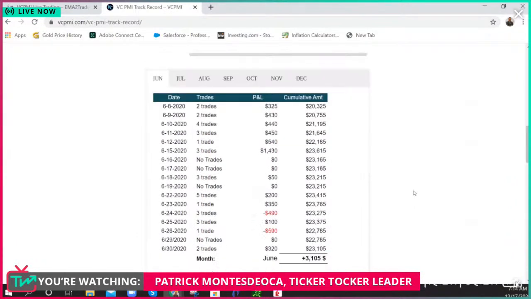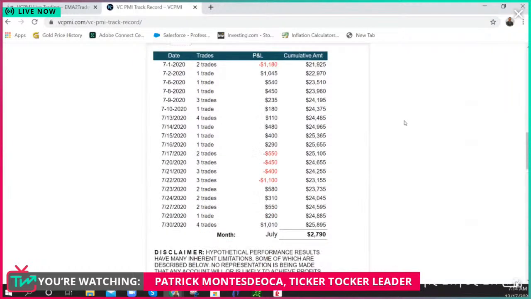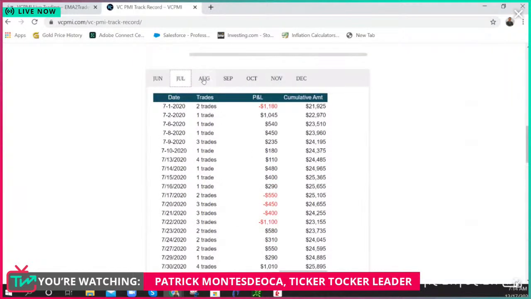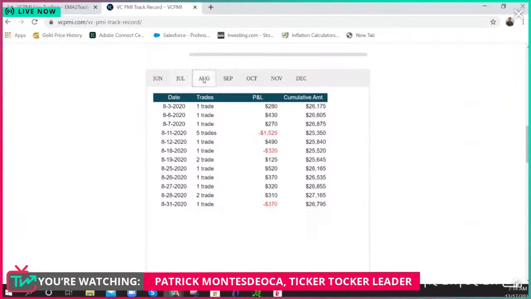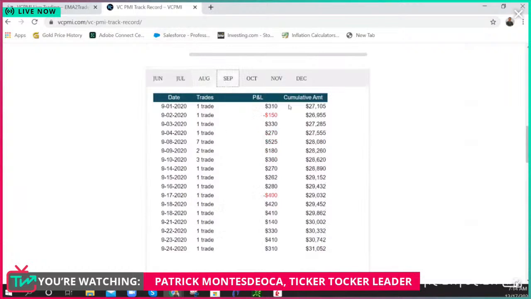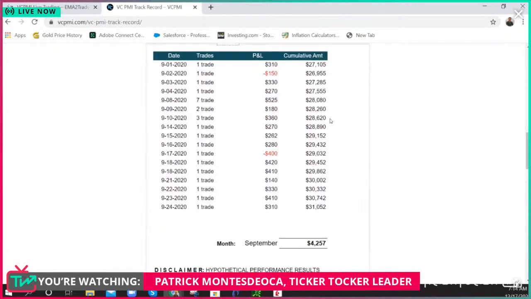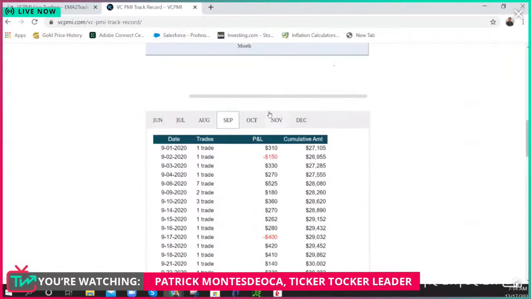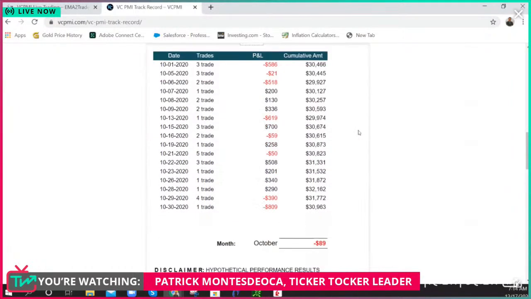And so far, we've only had 1 month in 6 months that we had a losing month, and that was in the month of October, where we lost $89.